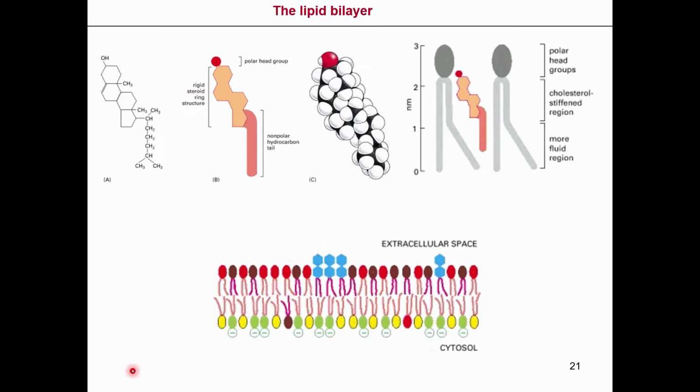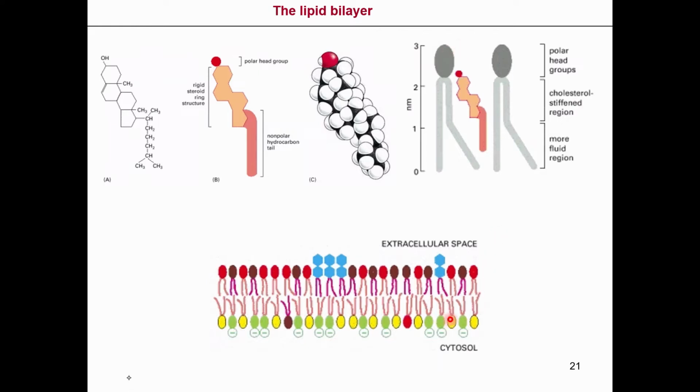Just for this slide, it's to remind you about cholesterol. You have the polar head, the steroid ring, the hydrocarbon tail, the hydrophobic tail. So here the thickness of the lipid membrane is around 6 nanometers.